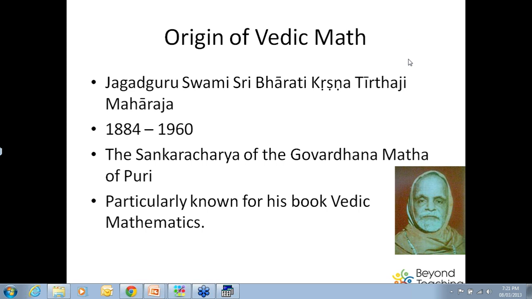He was the Shankaracharya of Govardhan Matha of Puri, Jagadguru Swami Shri Bharati Krishna Tirthaji Maharaj. And this was developed during his tenure at the Math from 1925 to 1960, and he is particularly known for his book on Vedic Math.